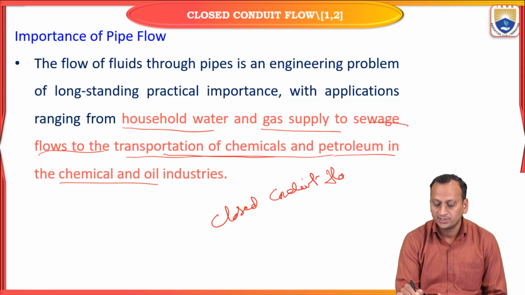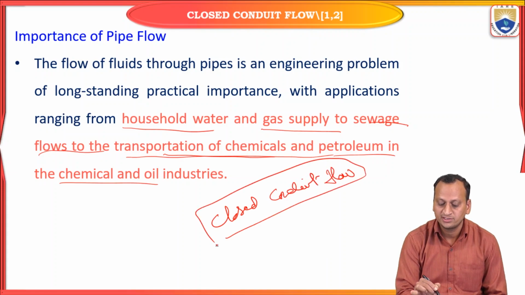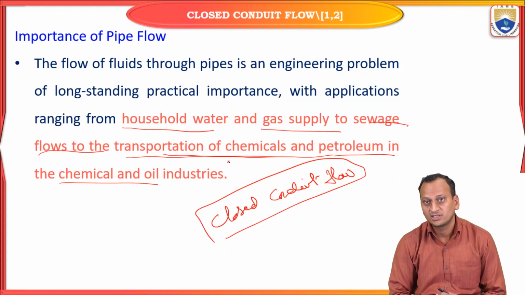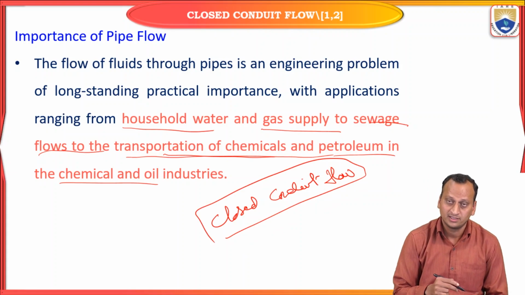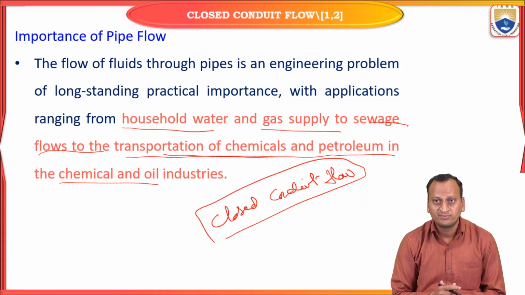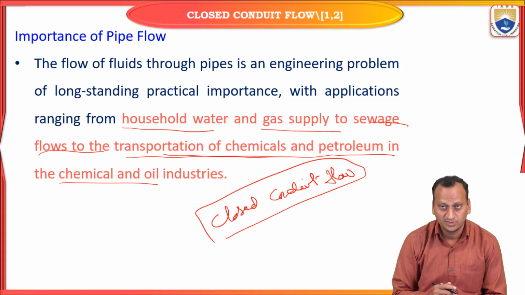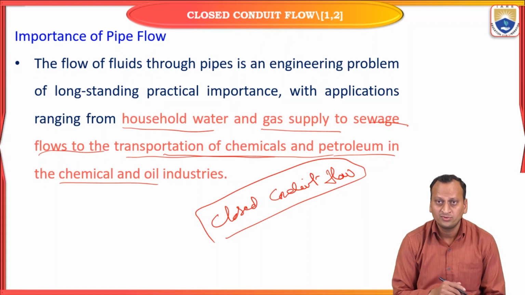If chemicals, petroleum, some liquids and some gases are open to the atmosphere, there will be problems and some danger may take place. So in order to avoid harmful effects to the atmosphere, we have to go through closed conduit flow.